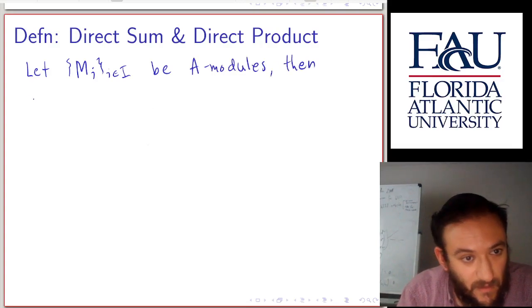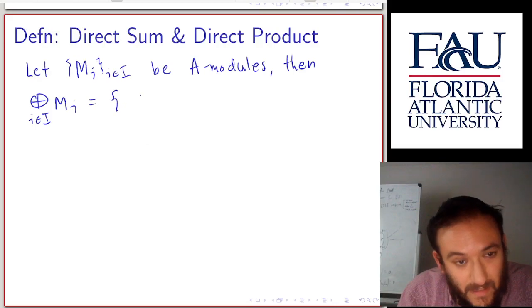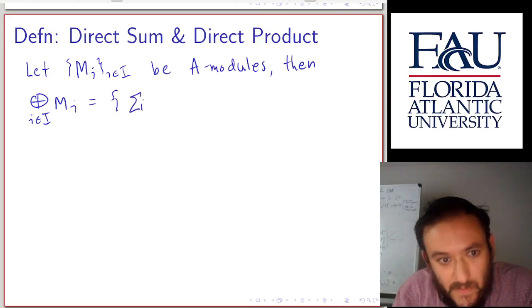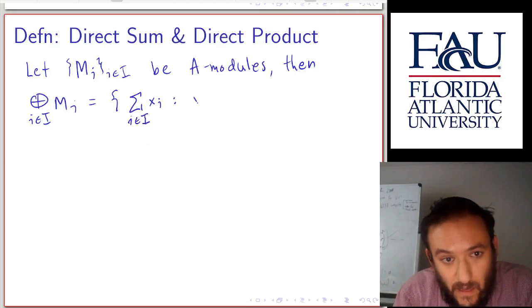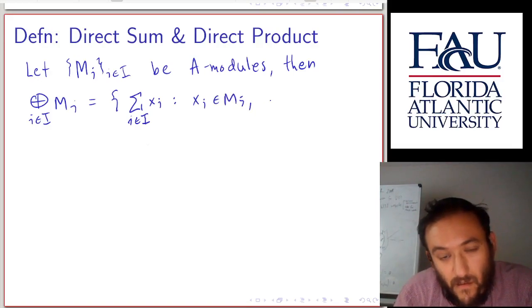Then the direct sum over the index set of Mi will be equal to the set of formal sums of elements of the constituent modules, where xi is in Mi, and all but finitely many xi are 0.